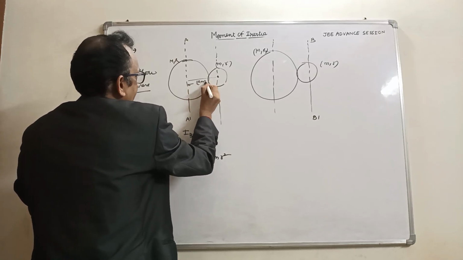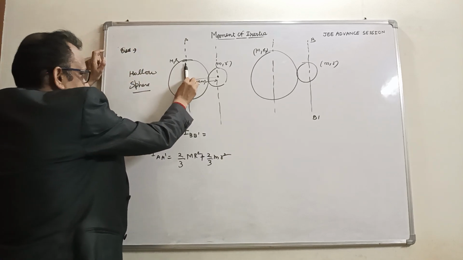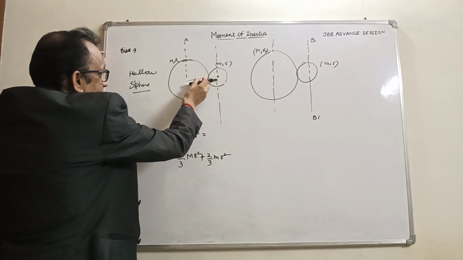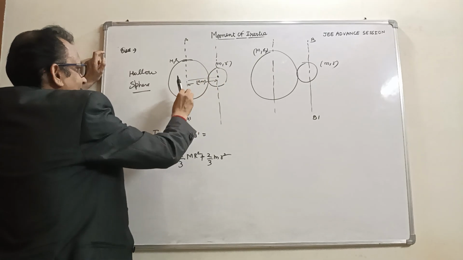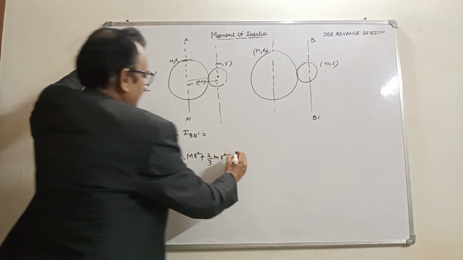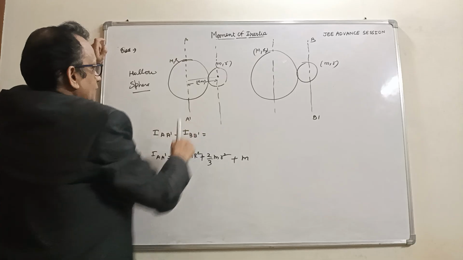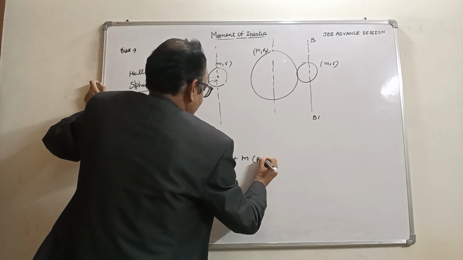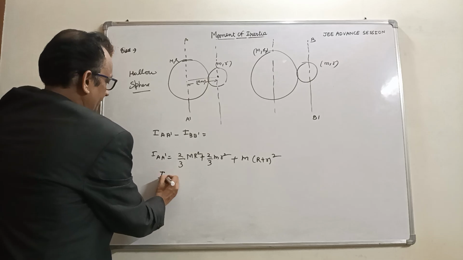We apply the parallel axis theorem here; both axes are parallel, and one axis is passing through its center. So this would be small m (R plus r) square.